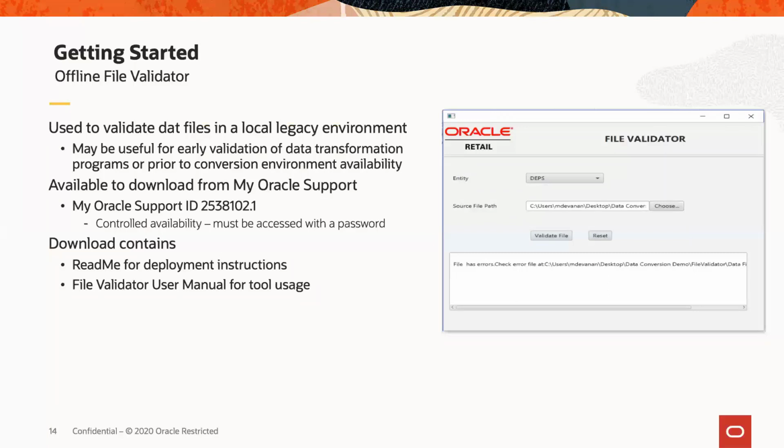You can get a jump start on validating how close the data is in your customer's legacy solutions, or start pre-validating some of the processes you've built for extract and transformation. It's loaded locally in a customer's on-prem environment, so it doesn't require any of the cloud environments to be able to use.